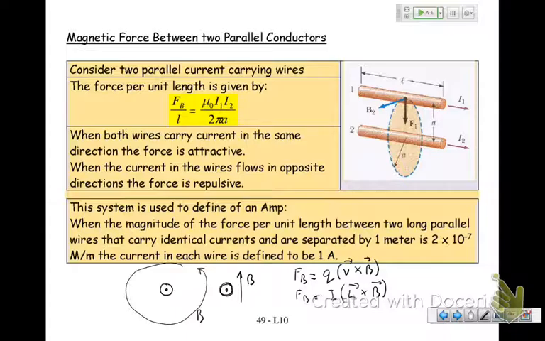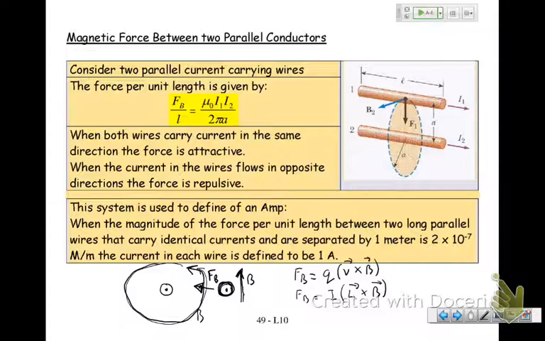I prefer the Q. So if the current is coming towards me, then the v is towards me, because the current is positive charge. So I point my fingers towards me, and then I curl them in the direction of B. If the current's coming towards me and the B is pointing upwards, because that's what's going on with this magnetic field as it passes through this region, then my force is in that direction.